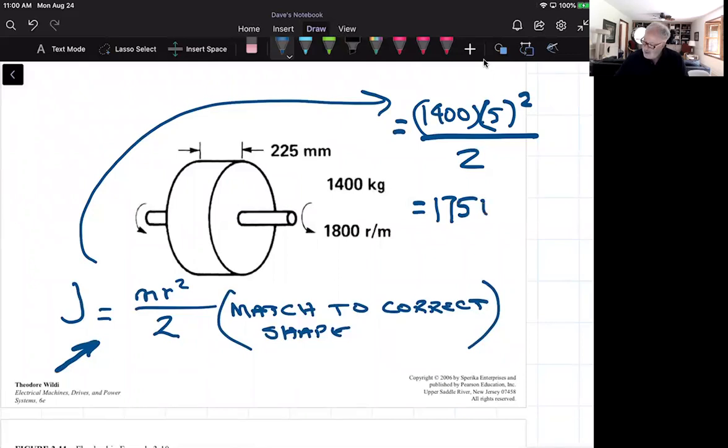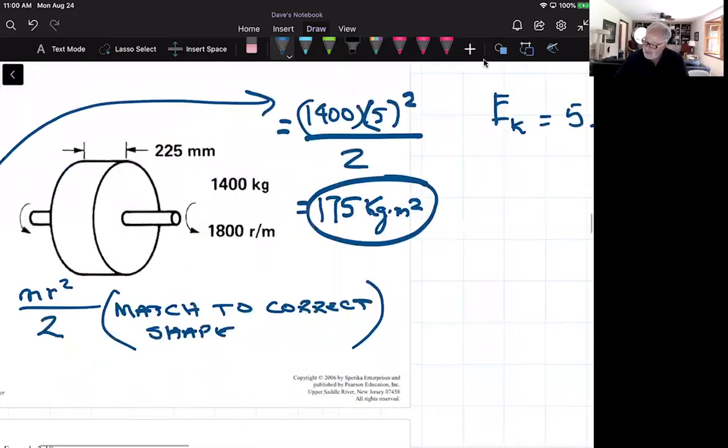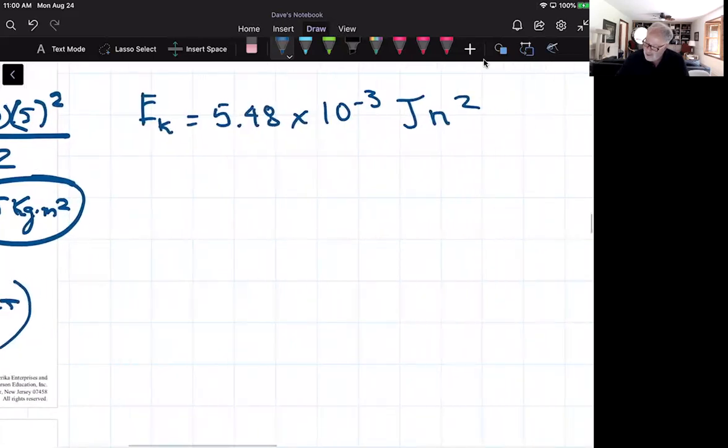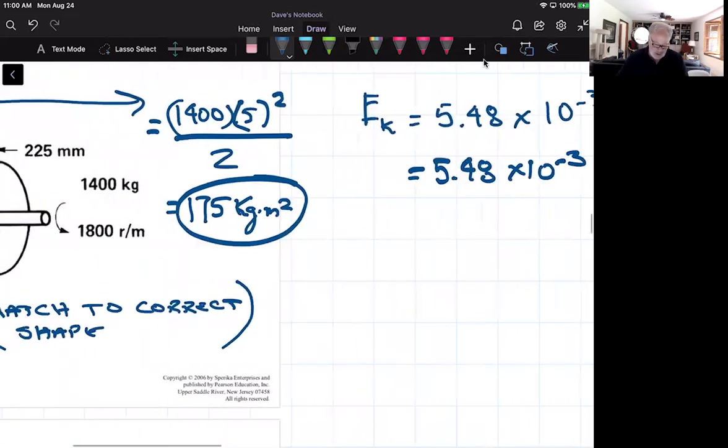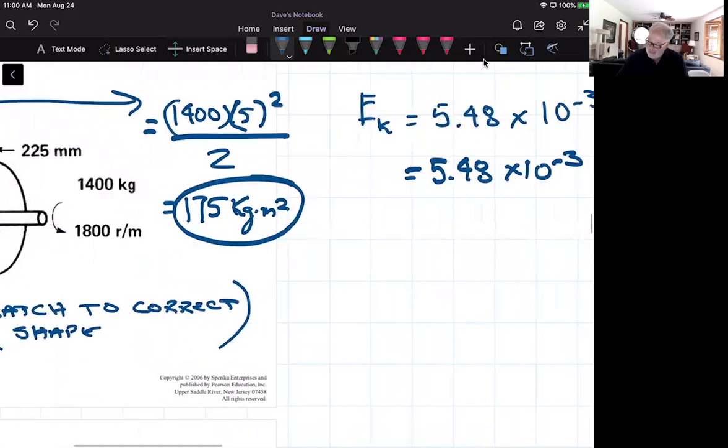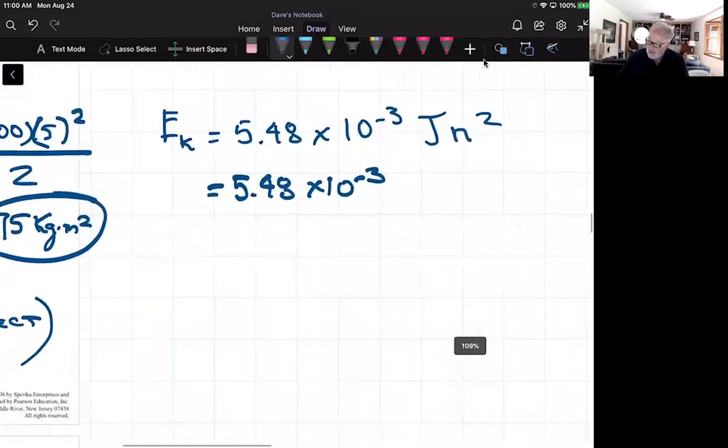The units with that are kilogram meter squared. Okay, now we're going to take that and slide this over here, and that'll give us the number that we need for our J number for this particular problem. And so part A of this was find its moment of inertia, which we've done there. That's the 175 kilogram meter squared.